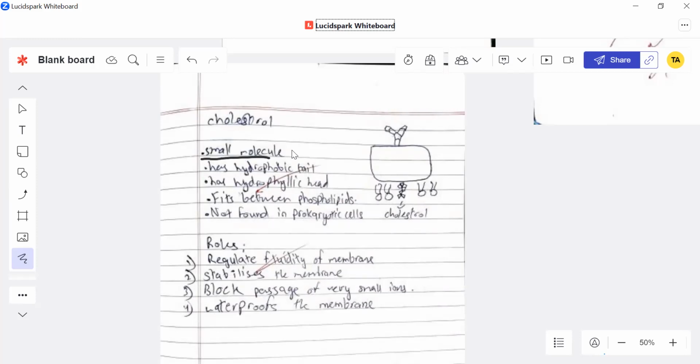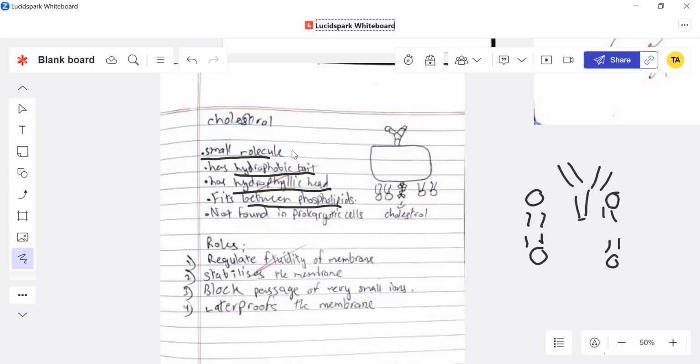It has a lot of roles, but cholesterol has hydrophobic tails and hydrophilic heads like phospholipids, and it fits between phospholipids. So when I have phospholipids, cholesterol would be present in between these phospholipids. So this is a cholesterol molecule. It would be in between phospholipids.